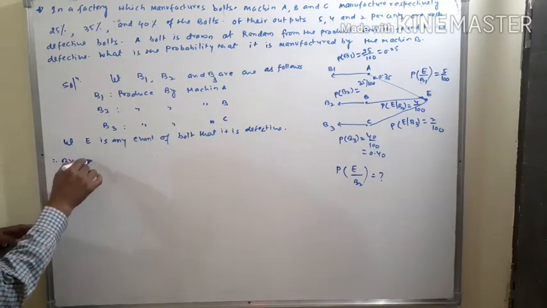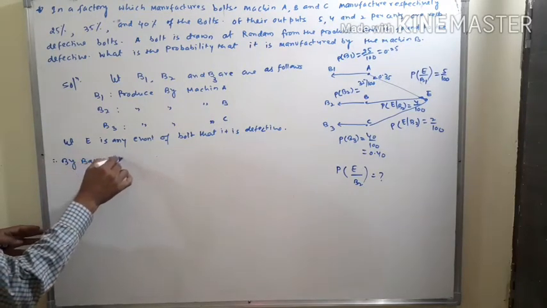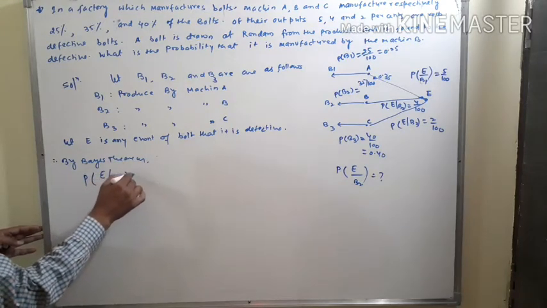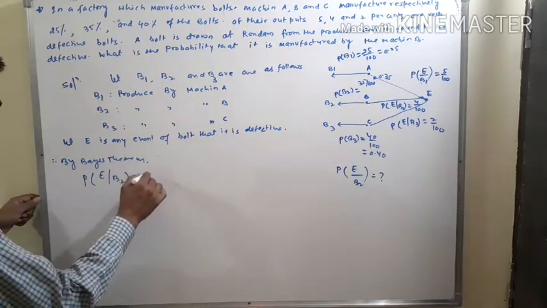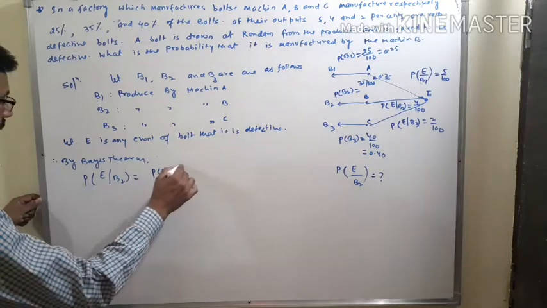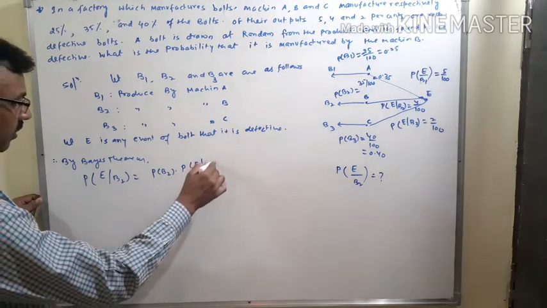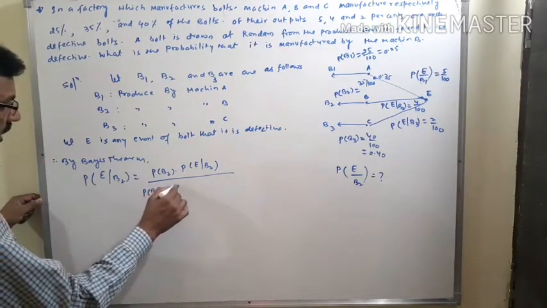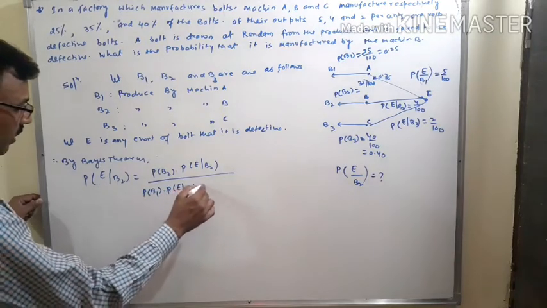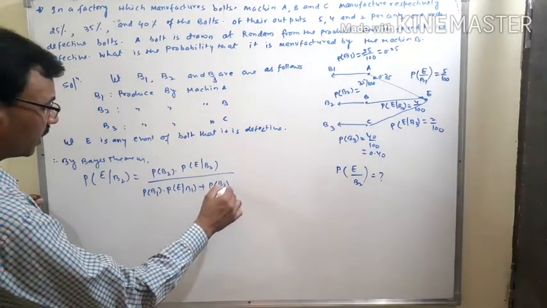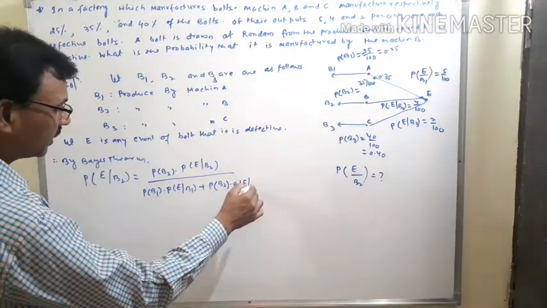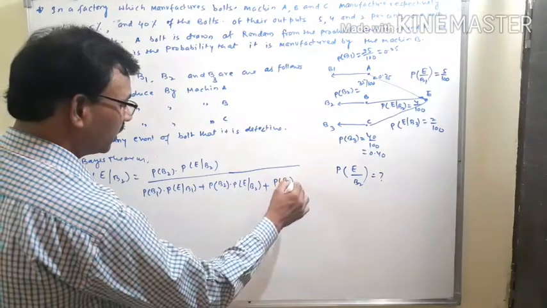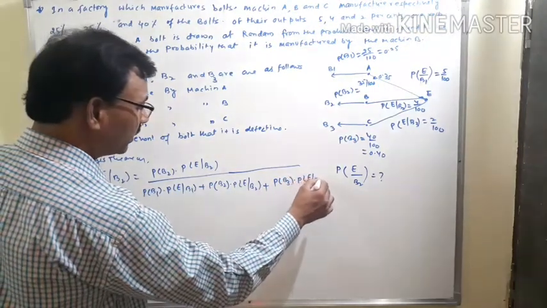Therefore by Bayes theorem we can write P of B2 slash E equal to P of B2 into P of E slash B2, whole upon P of B1 into P of E slash B1 plus P of B2 into P of E slash B2 plus P of B3 into P of E slash B3.